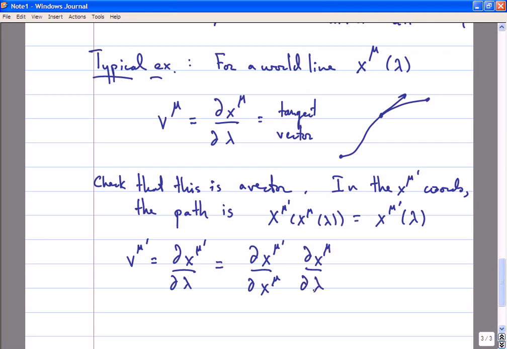That is the chain rule. And we recognize this as the Jacobian, which appears in the definition of the vector. And the second guy here is just the components of the tangent vector in the x mu coordinates, rather than the x mu prime coordinates. So this is dx mu prime by dx mu contracted with v mu, which of course is the correct rule for the transformation of a vector.